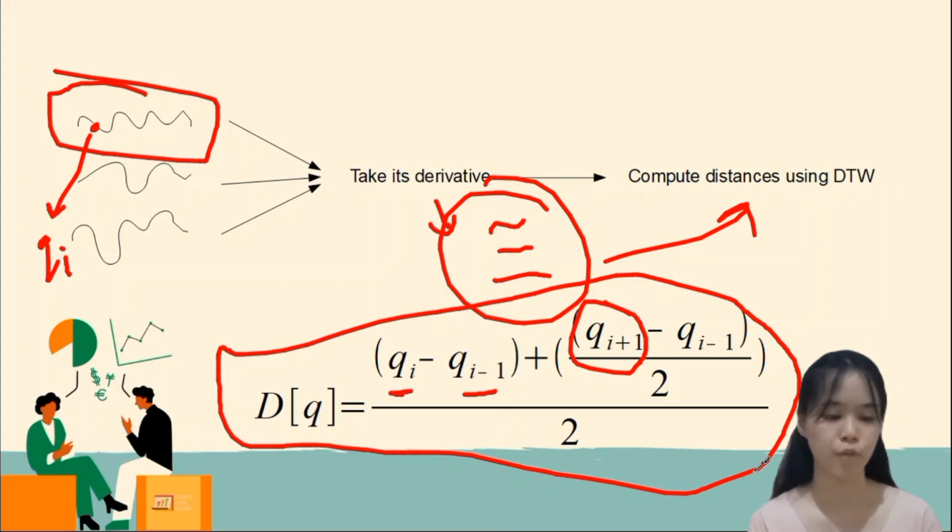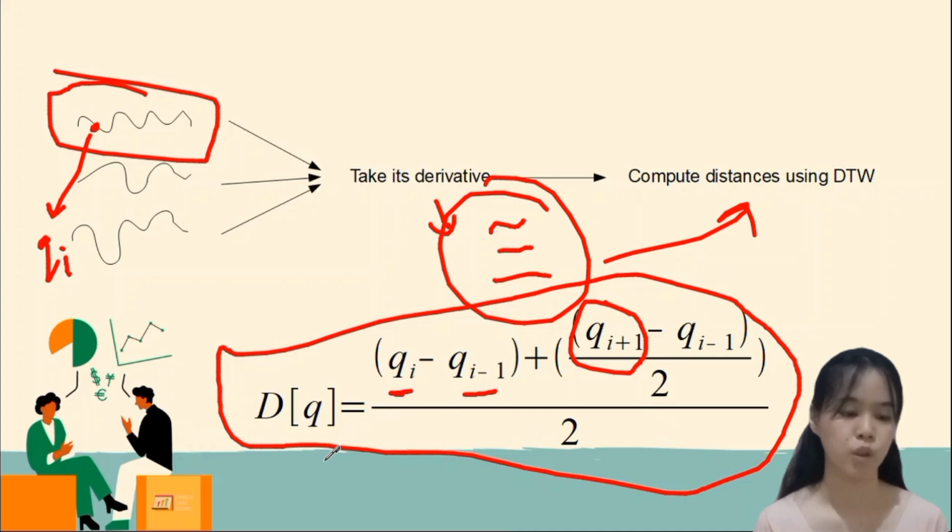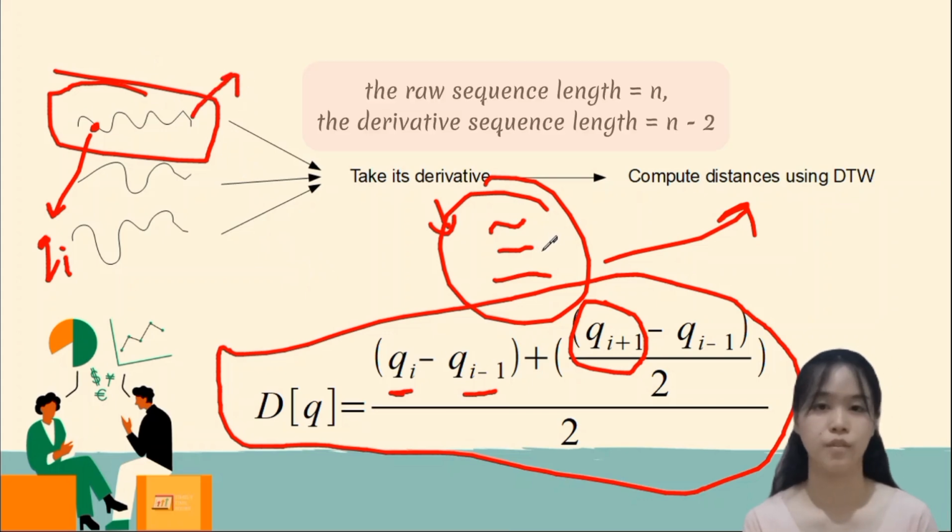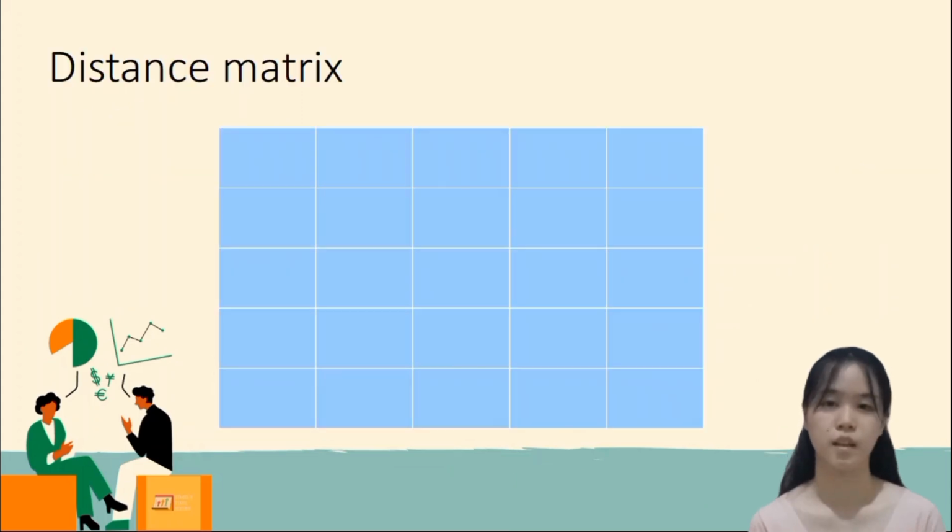So for every point in the sequence, we need the previous and the next value to calculate the derivative. That's why if we have length n for the raw sequence, the derivative sequence would have length of n minus 2.